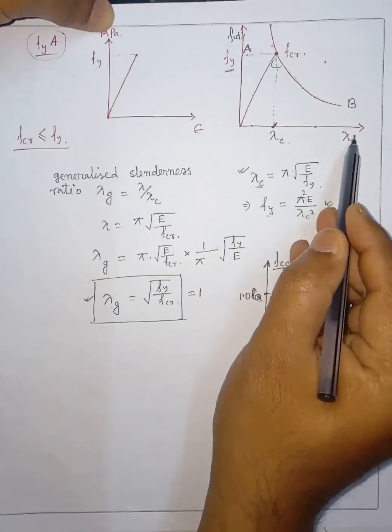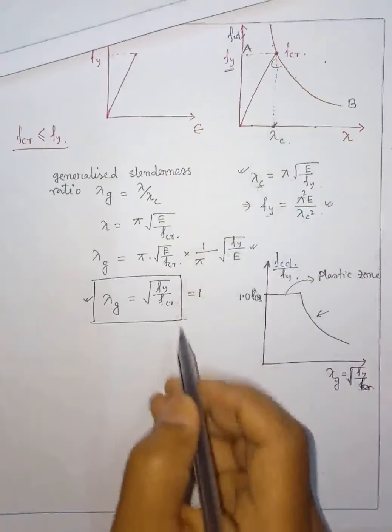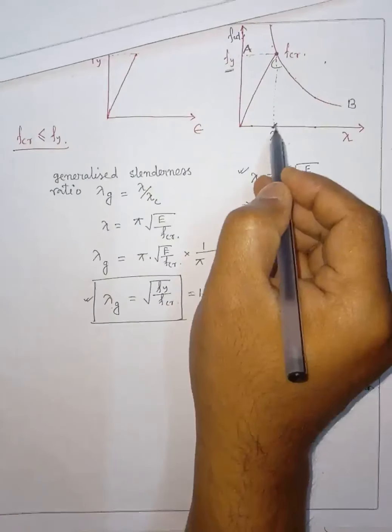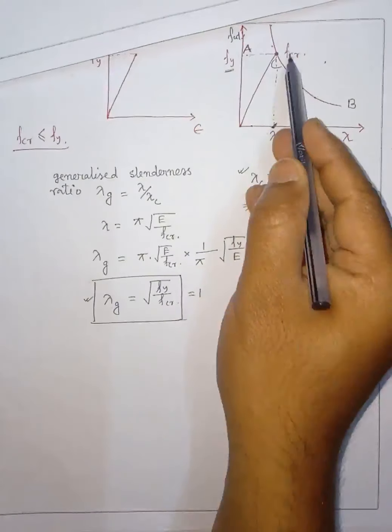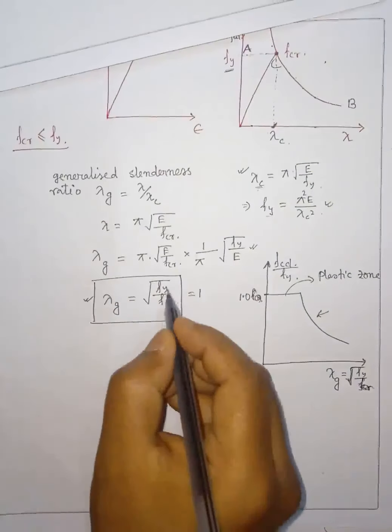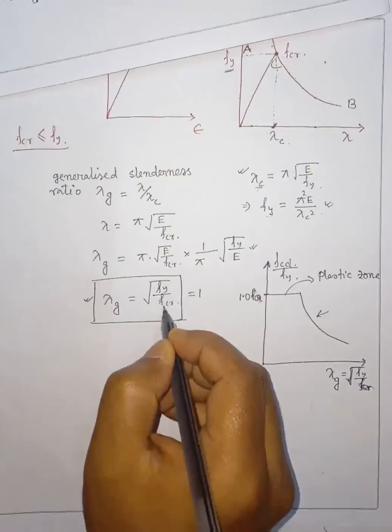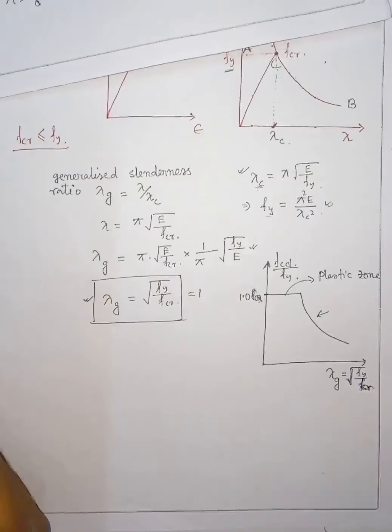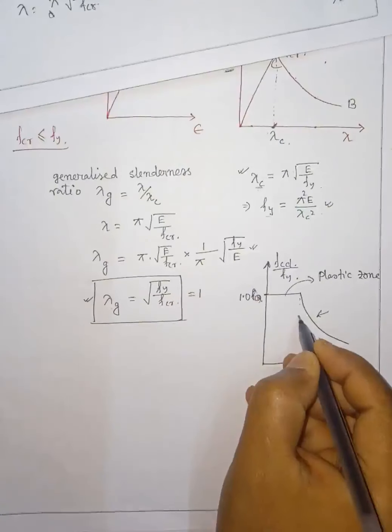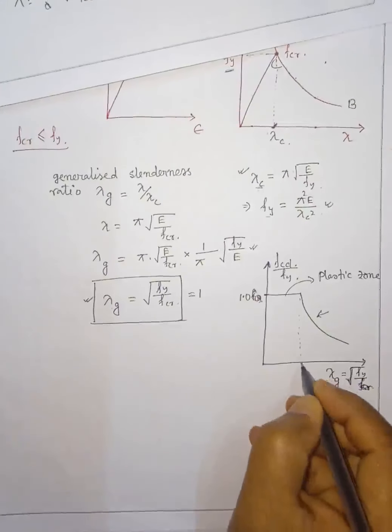So lambda g for this change over point will be, at this point, this Fy is equal to the Fcr, so both are same thing. So we can write this Fy is equal to Fcr, so you will get this lambda g is equal to 1. Okay, so at this change point, lambda g is equal to 1.0.